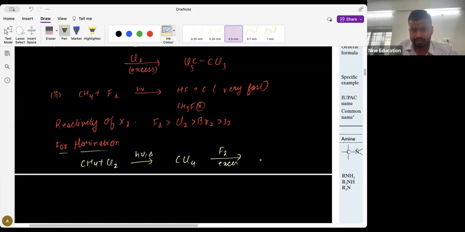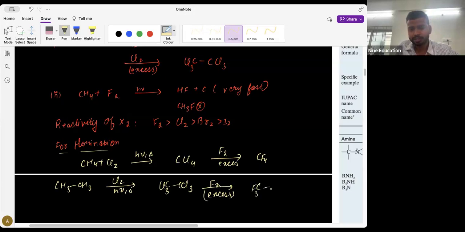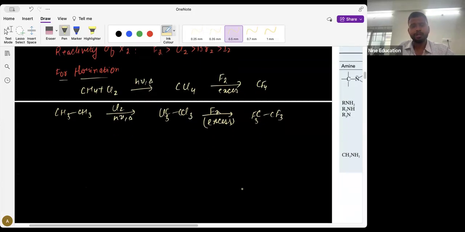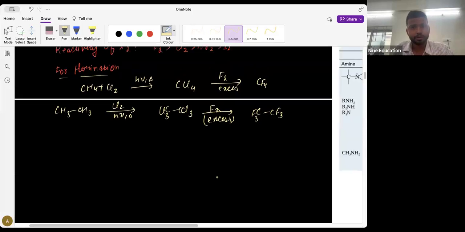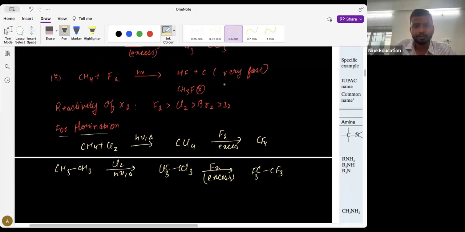In fluorine excess, you can form CF4. Similarly, if you have ethane, 2 carbons, you can do the chlorination in heat light, form C2Cl6, then do the fluorination in excess to form CF3CF3. So it's very important that direct fluorination you cannot do, but indirect fluorination you can do.